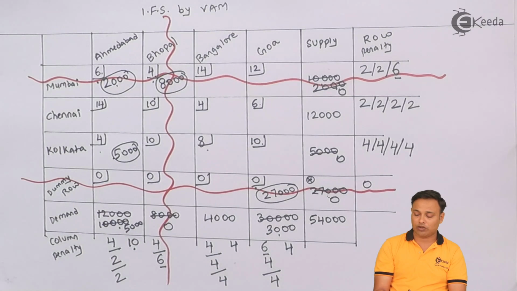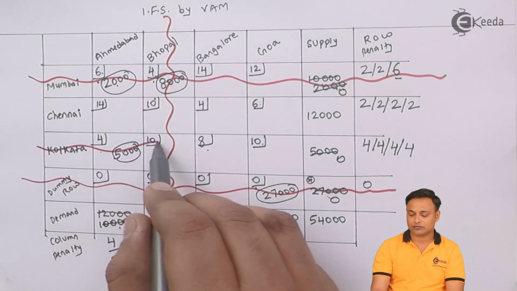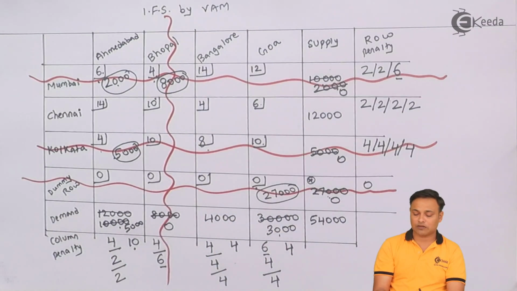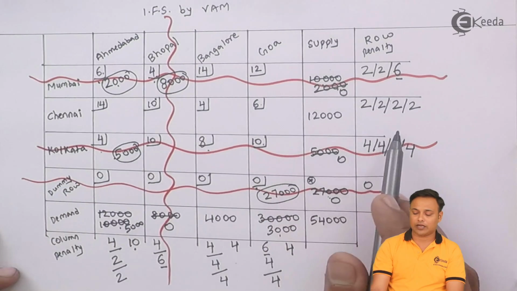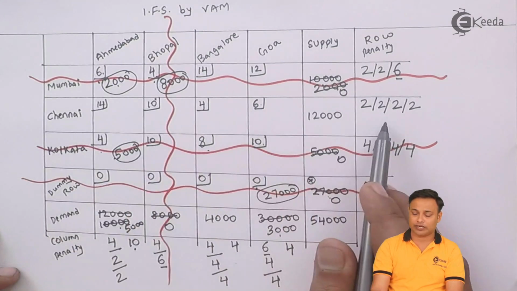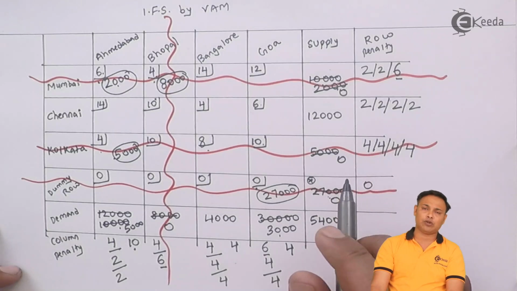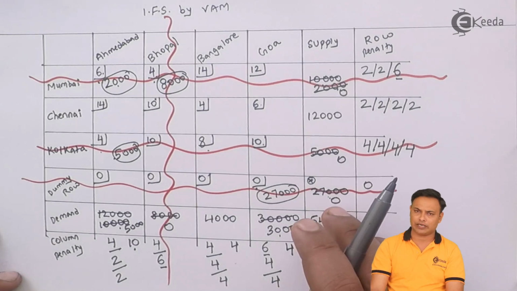Since I got a 0 here, my column will be cancelled. Now after the cancellation of this column, I am remaining with only one column, the second, and with only one particular row, that is the second row, and therefore there will be no further calculation of penalties.